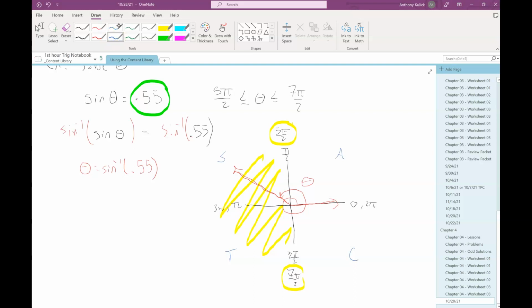So now I'm going to define another angle that I'm going to refer to as alpha. That angle is going to be made always by the terminal side of theta and the x-axis. So in our case, this is what we're talking about when we talk about this angle alpha.